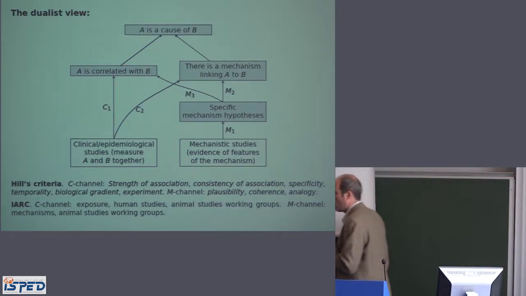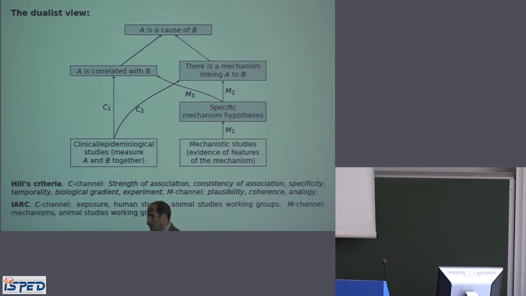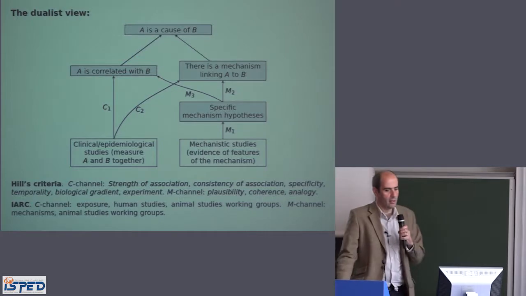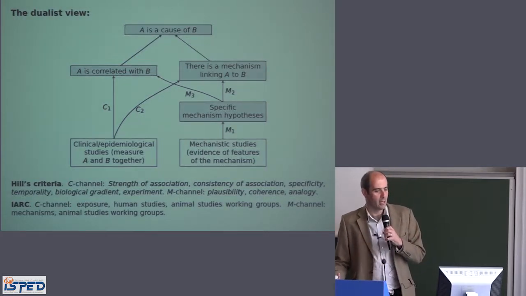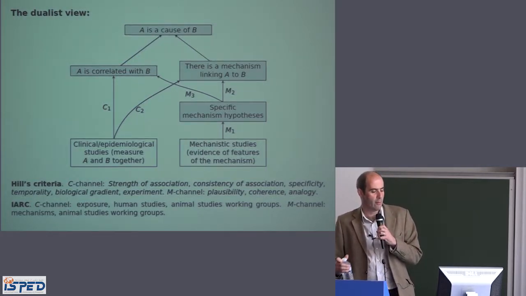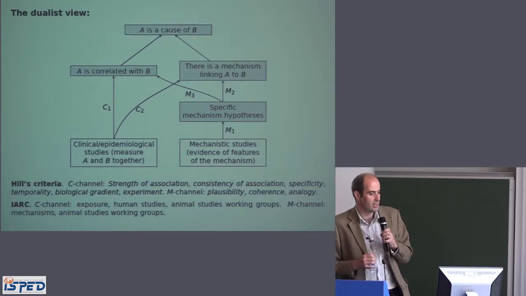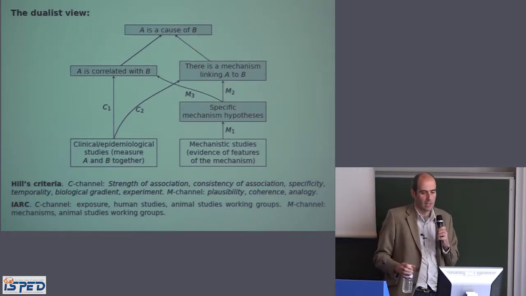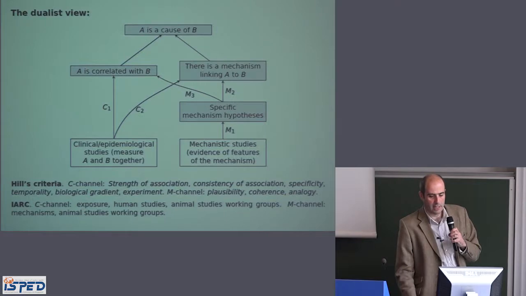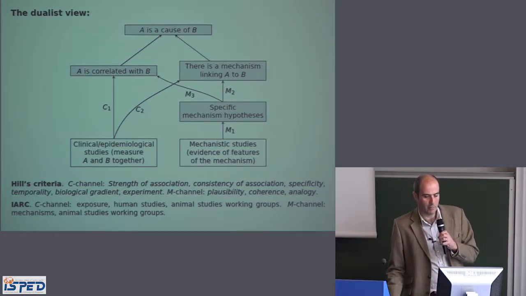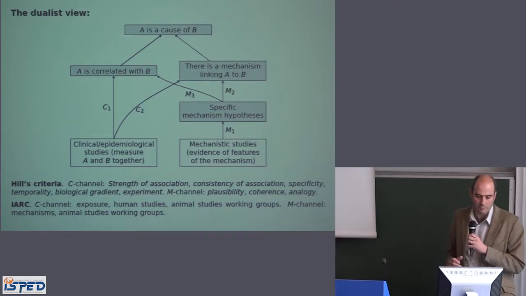Normally, when someone puts forward an association that they think is causal, they will try and hypothesize one or more mechanisms of action. And these can then be tested according to how well they fit with the actual mechanistic evidence that's available. And mechanistic studies can be relevant to whether these proposed mechanism hypotheses are correct or not.